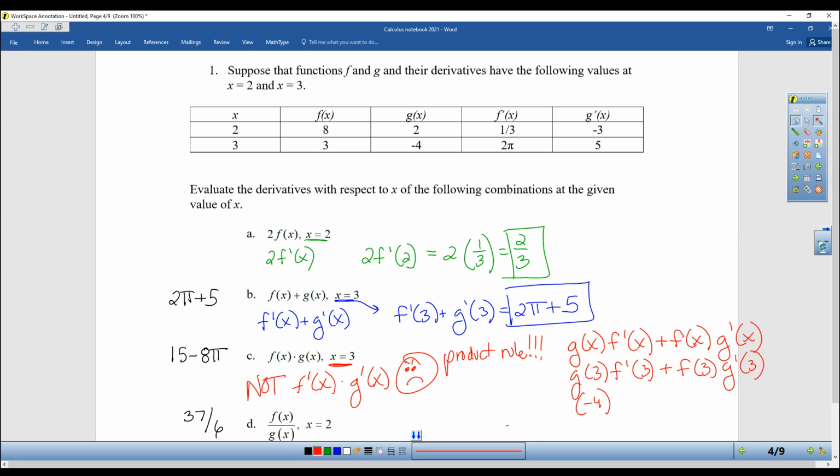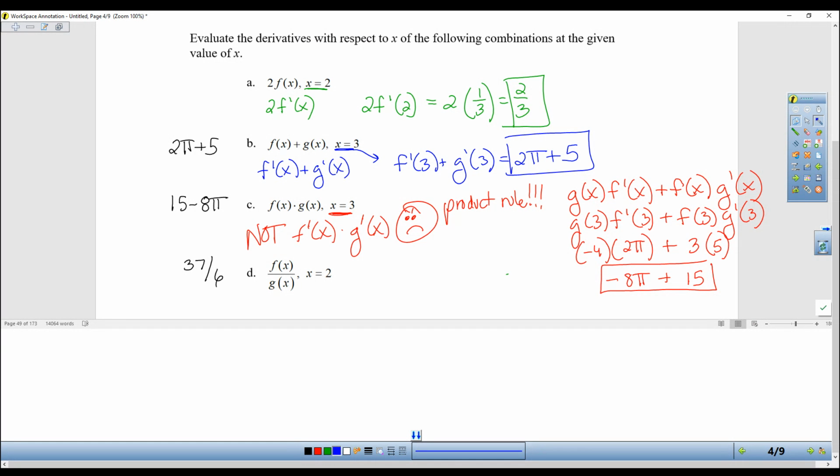F prime of 3 is 2 pi. F of 3 is 3. And g prime of 3 is 5. And that gives me the -8 pi plus 15. That is the answer.